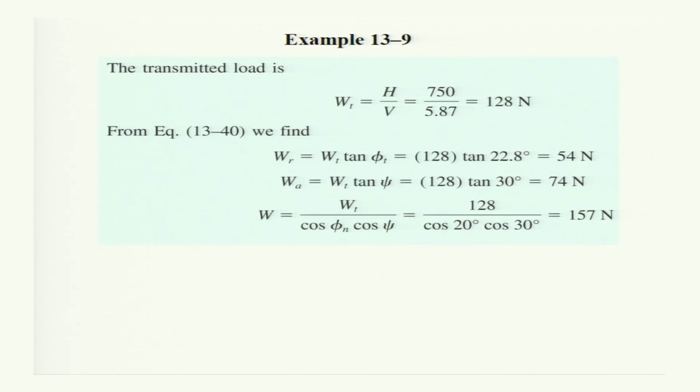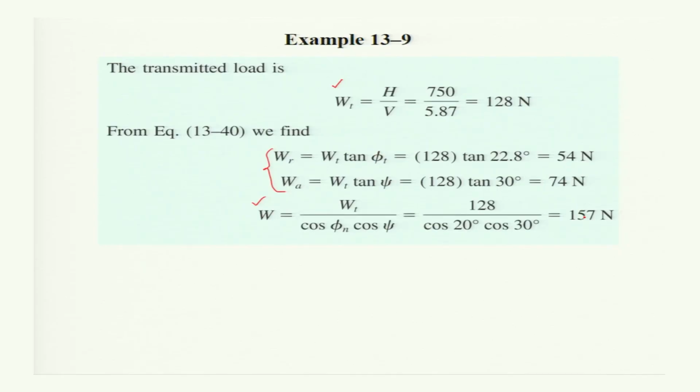First of all, Wt is determined knowing the power which you are transmitting from the motor to the pinion, and from pinion to the gear, which is 750 watt, and the pitch line velocity we have determined. So, the transmitted force is this one. From the transmitted force, knowing the values of phi t and psi, you will get Wr and Wa, and the normal load.